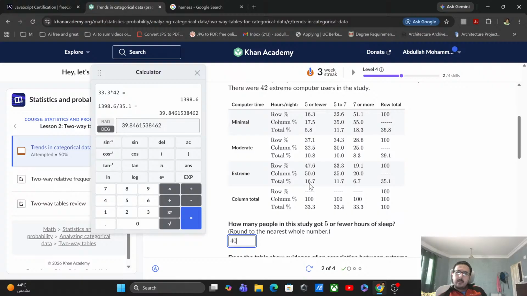And here 10%, 5.8%. Yes, it does. Yes, it does. Am I correct? No, actually.